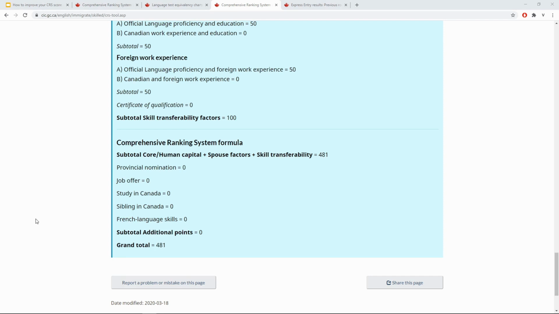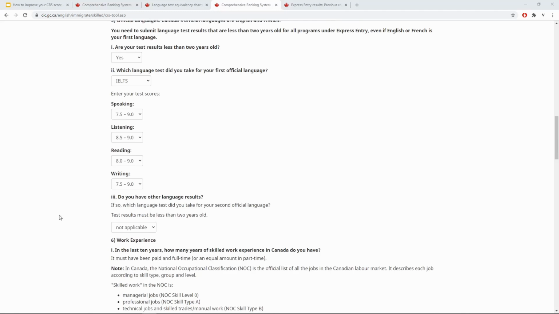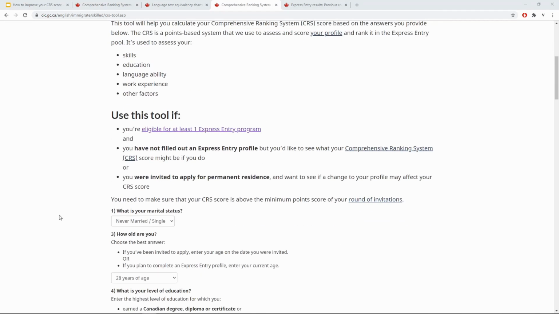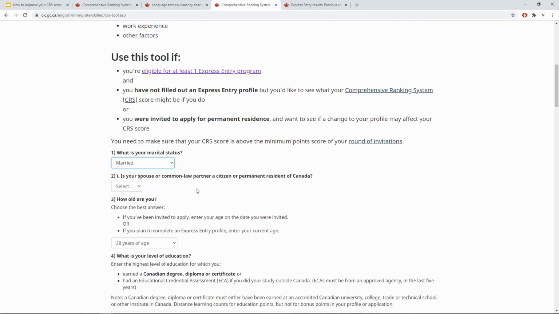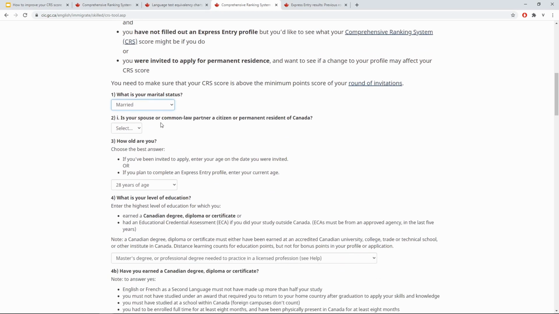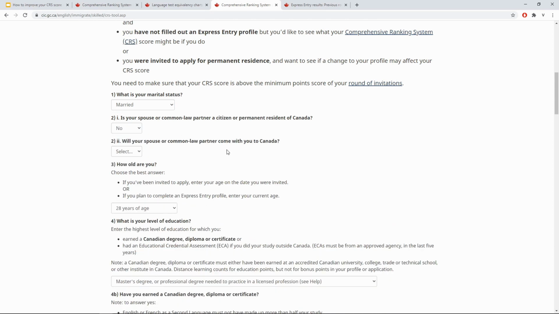Now I'm going to calculate the ideal candidate's CRS score for someone who is coming with their spouse. So married, is your spouse a permanent resident of Canada? No. Will your spouse come with you to Canada? Yes.